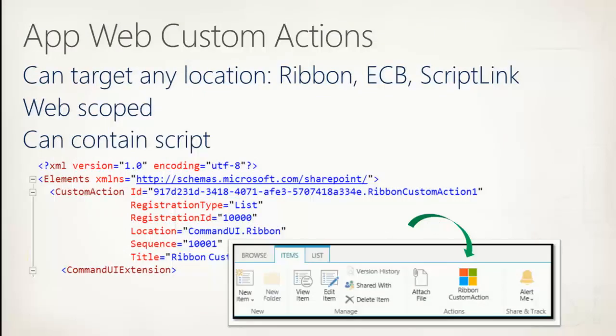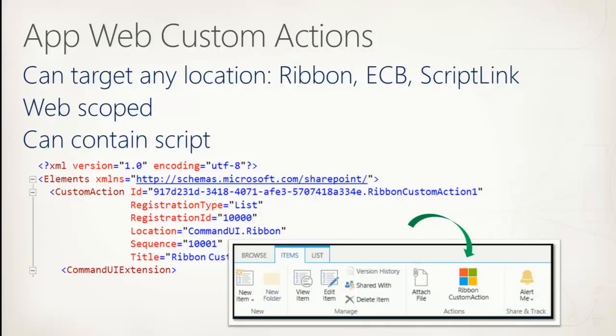This is a slide here that I have for clarity more than anything. Apps can use custom actions. And custom actions can be at two scopes. Remember that we talked about the host web and the app web. When apps deploy custom actions at the host web level, they can only target the ECB and the ribbon, and they're basically just launching points, just URLs.